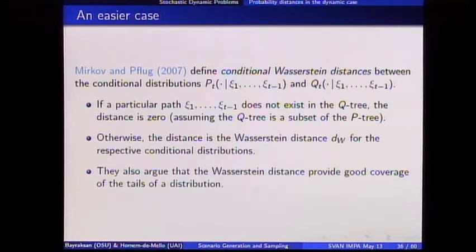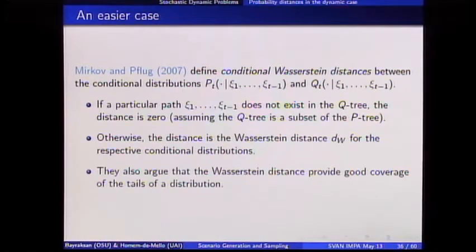So here's one way of doing it, right? So imagine now that we work with this conditional distance. We talk about Wasserstein this, but this could be the Monge-Kantorovich as well, right? A general metric distance between the conditional distributions, right? So this is something more concrete, right? So what's this?